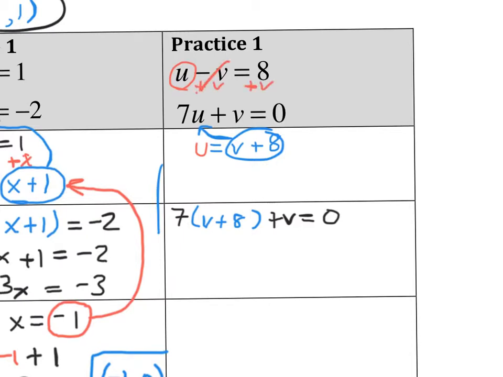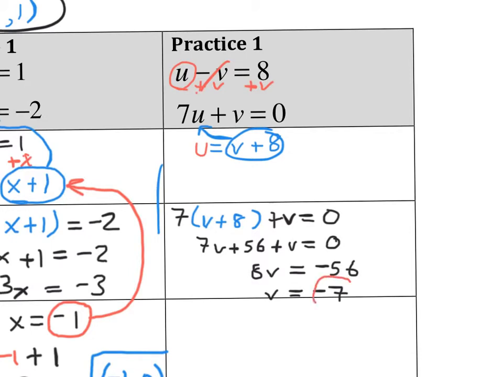Distribute out. So 7v plus 56 plus v equals 0. I'm going to do two things at once: combine like terms and subtract the 56. And lastly, I'm going to divide.